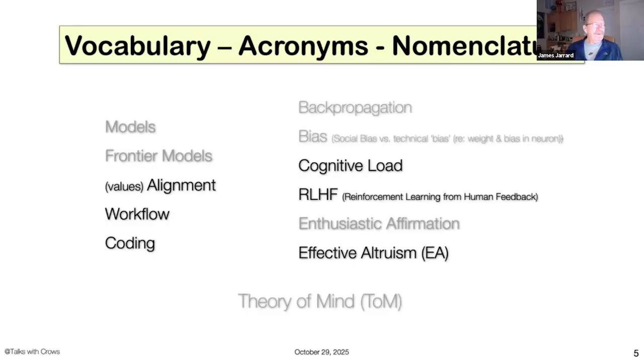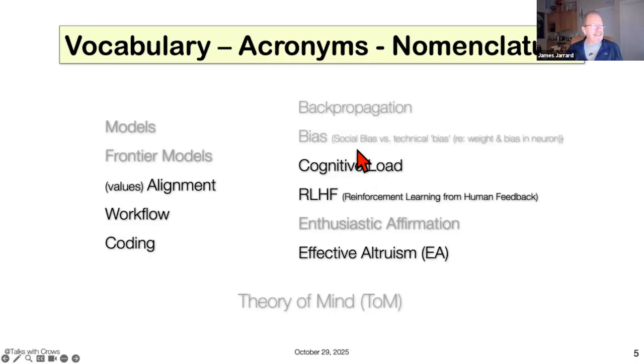Models, frontier models being the stuff that is in laboratories now that these people are putting together. Backpropagation is what Jeffrey Hinton won the Nobel Prize for, the training of the AIs back up the structure of each of their artificial neurons.